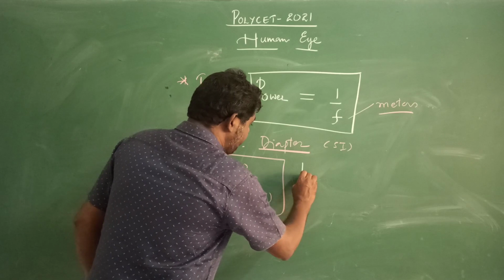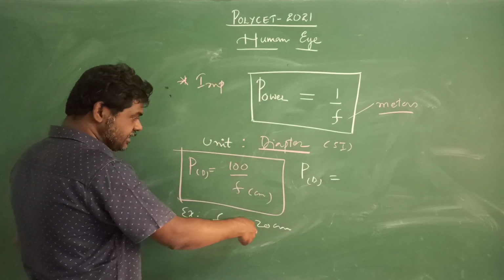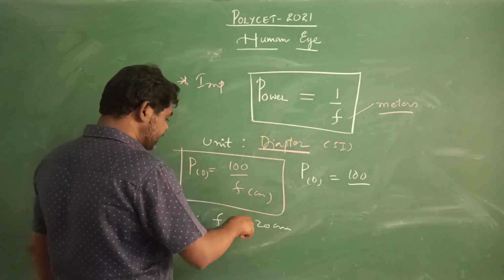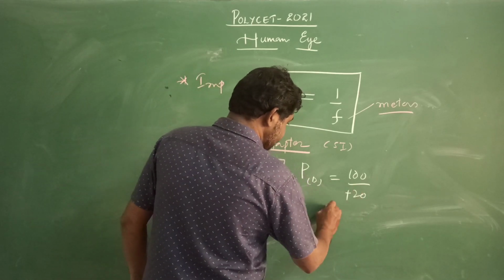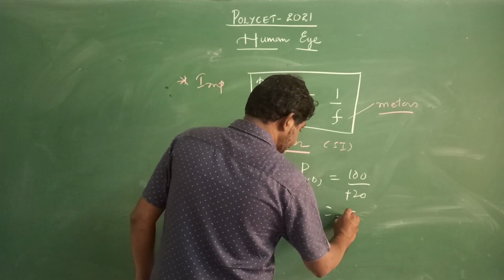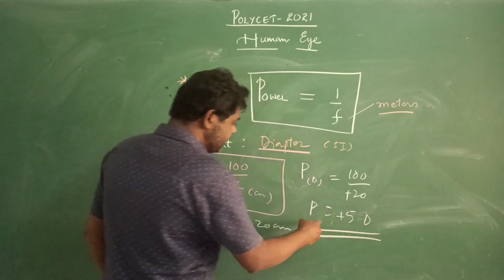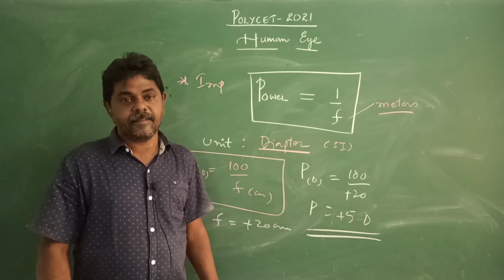Power in diopters is 100 by focal length, with the focal length in centimeters. Focal length is how much? +20. So this is 100 by 20, which is 5. It is +5 power. So power is +5D. D means diopter.